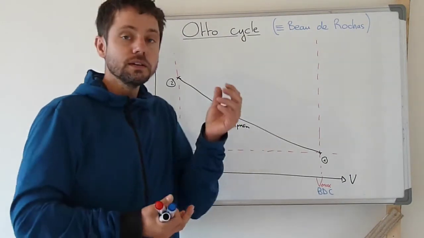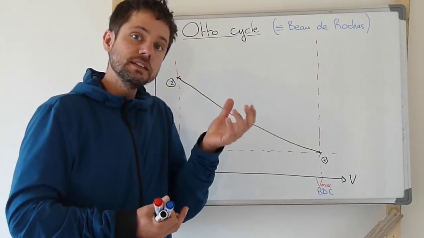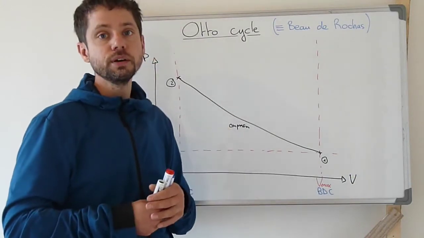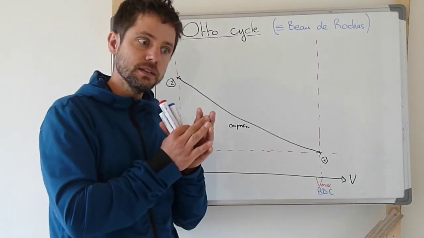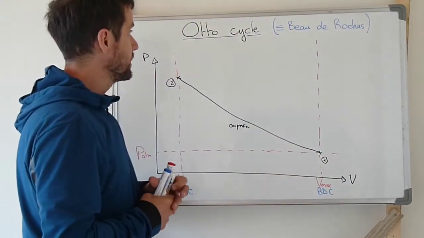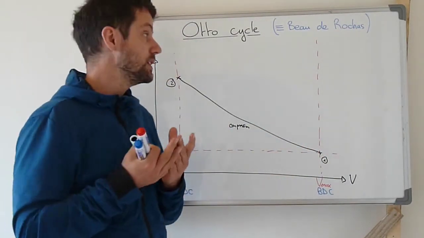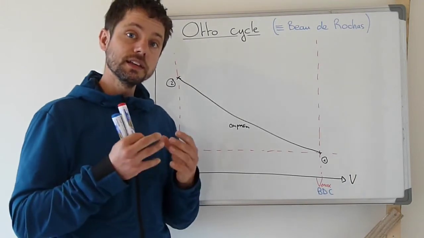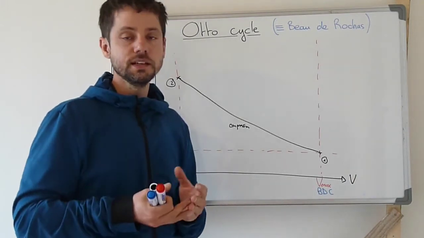So once the combustion is ignited somewhere at the spark plug, then the combustion spreads everywhere very fast, and the approximation that is done in the Otto cycle is that the combustion is instantaneous.